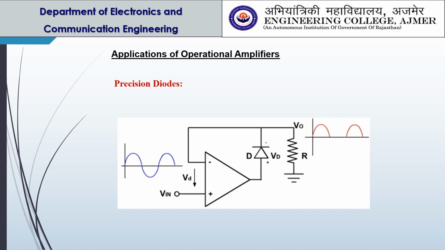In order to be able to rectify small signals, like in millivolts, it is necessary to reduce this Vd or cut-in voltage. By placing a diode in the feedback loop of an operational amplifier, the cut-in voltage is divided by the open loop gain A of the amplifier, as shown in this figure, and it acts as an active diode circuit.